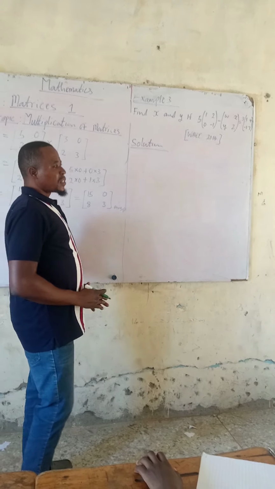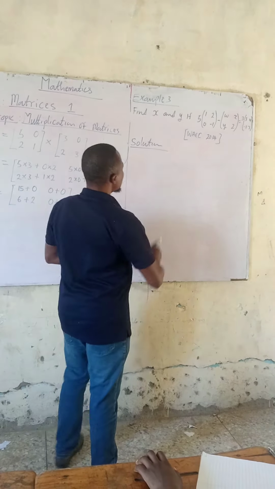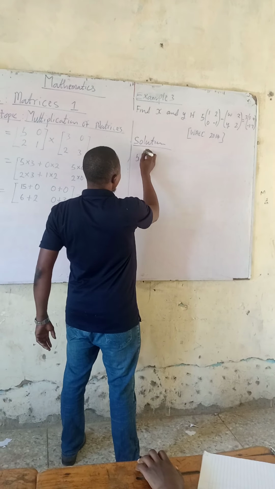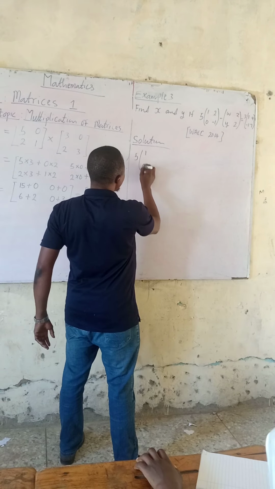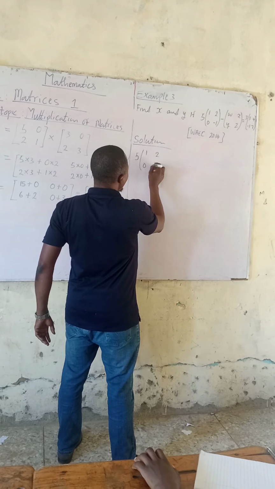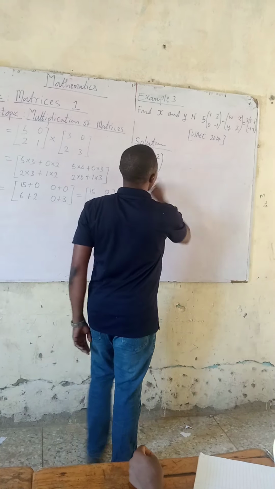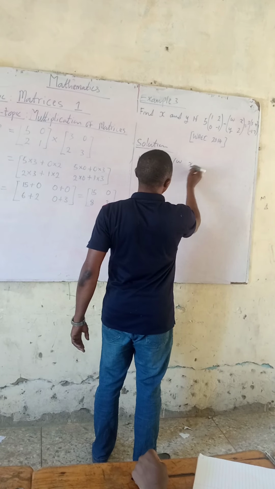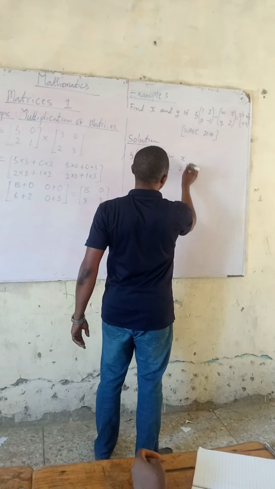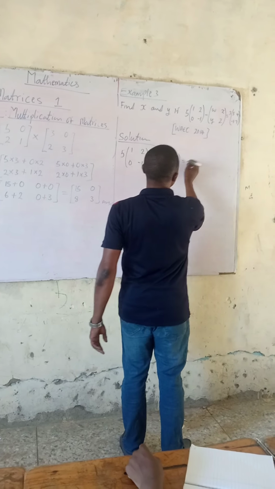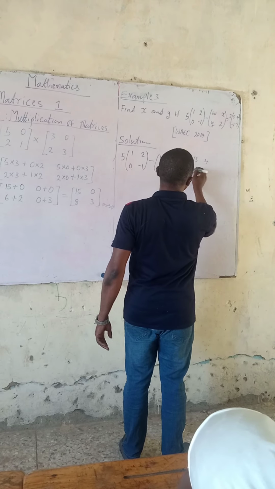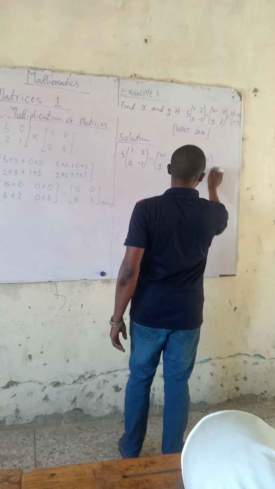Now let's solve it together to find X and Y. The first thing now is 5 into [1, 0; 2, minus 1], minus [W, X; Y, Z], equals 3 into [3, 4; minus 1, 7].